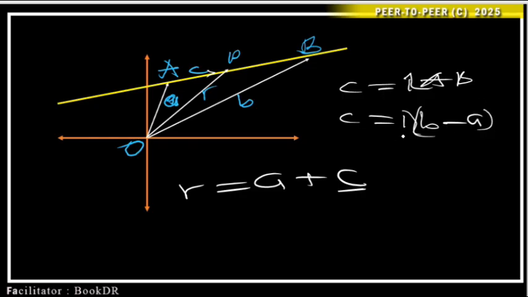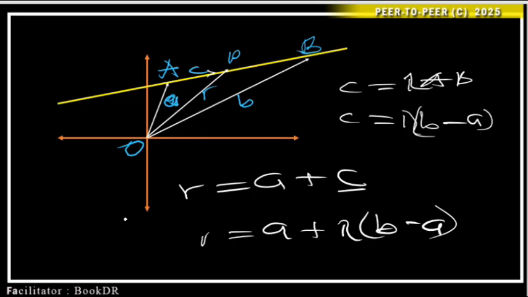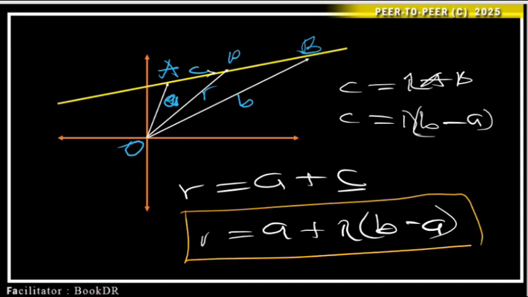We can replace this expression with c, and then we are going to have a plus lambda multiplying b minus a, and this becomes the vector equation for a line which passes through two given points a and b.